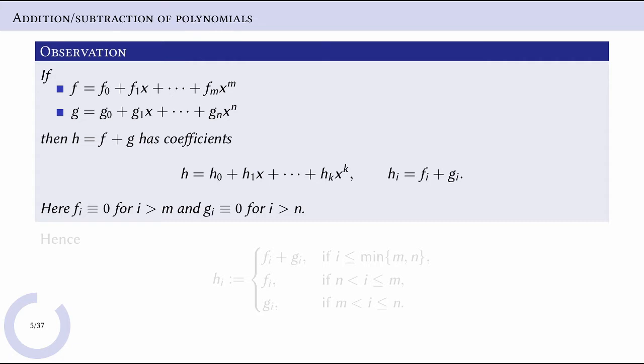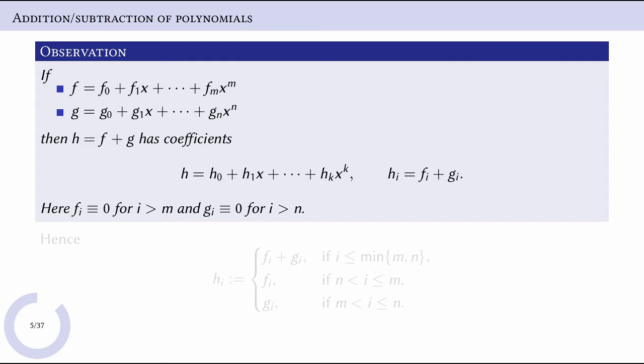So if we have two polynomials f and g, one of degree m, one of degree n, then its sum, or equivalently difference because it's all the same, is a new polynomial of some degree k, such that each coefficient of this result is respectively a sum or a difference of the corresponding coefficients of f and g.